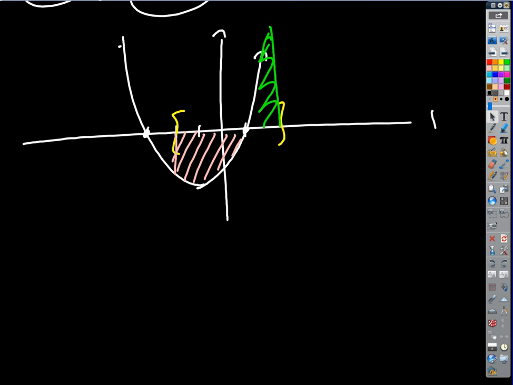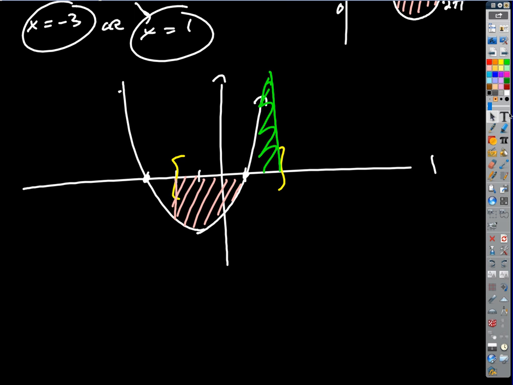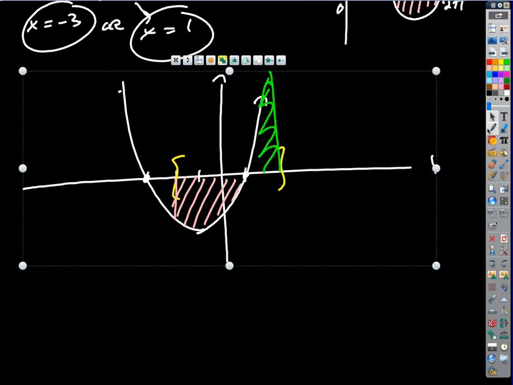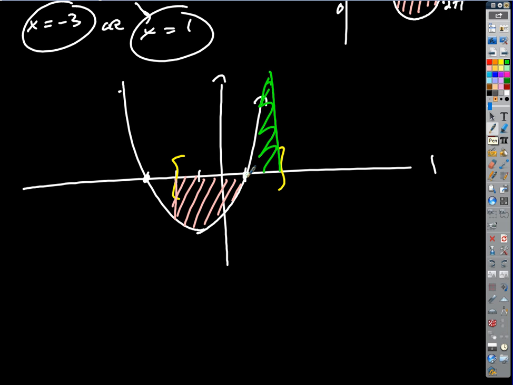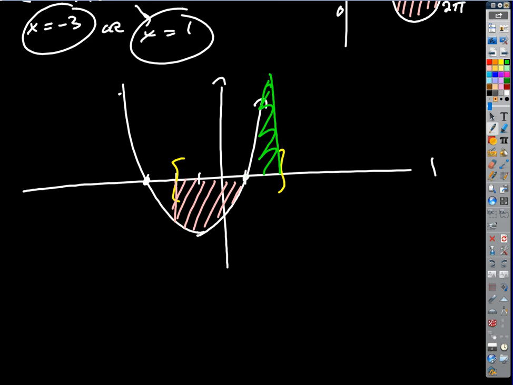Okay. So then we want to set this up as two separate integrals, right? The limits of integration for the first one are going to go from -2 up to the end of that first lobe of the function, the zero of the function, which is at 1.